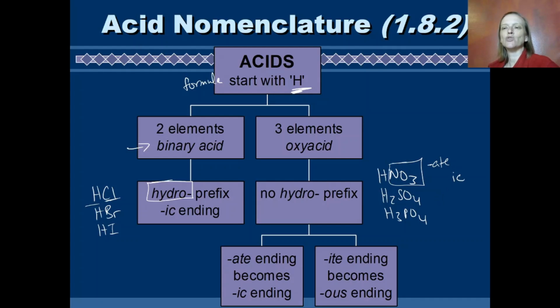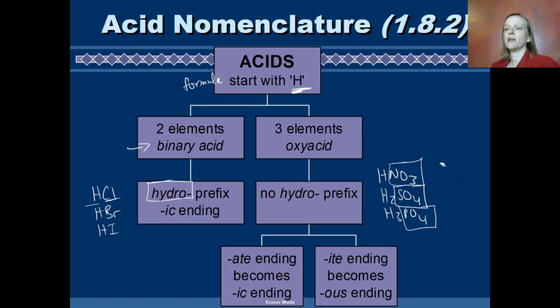So this is a nitrate ion, and it becomes nitric. This is nitric acid. This is a sulfate ion, so it becomes sulfuric acid. This is a phosphate ion, so this becomes phosphoric acid.